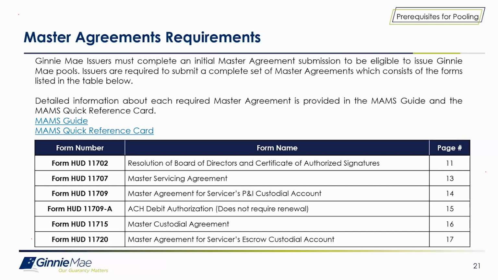If you have a subservicer on there, they're going to sign it and send it in to us. And then the 11715, that's your custodian. That document is sent to your custodian and they sign off on it to make sure that it's complete. So all these forms have to be completed before you can actually start doing your new pools.